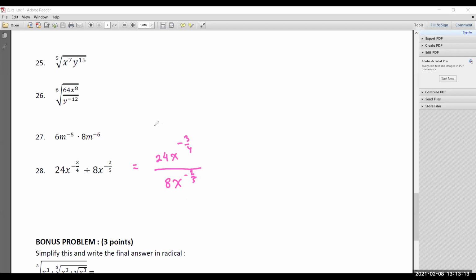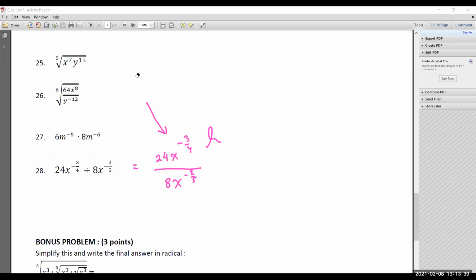Actually, I intended to use this as the problem, but I miswrote it since I forgot to add this. If there is a parenthesis here and here, then this is correct. You get my point? But if there is no parenthesis, be careful.